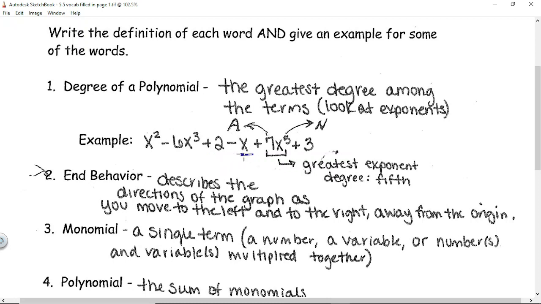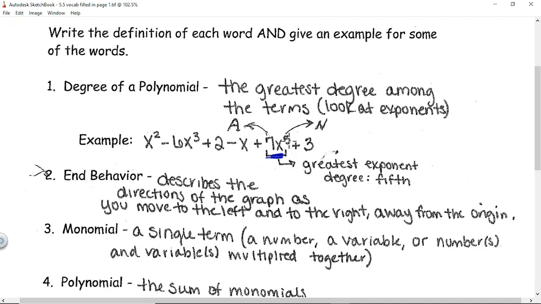This term, what is its degree? Well, it is degree 1. We don't write the exponent there usually, but there is an exponent of 1. If there's no exponent at all, it's understood to be that. So the one that's underlined here has a degree 5.